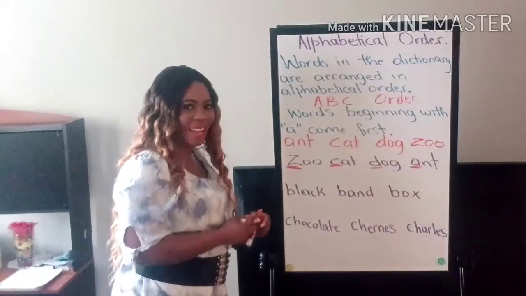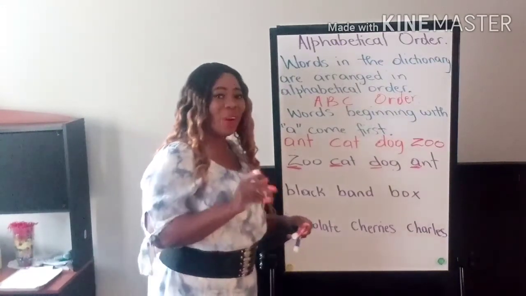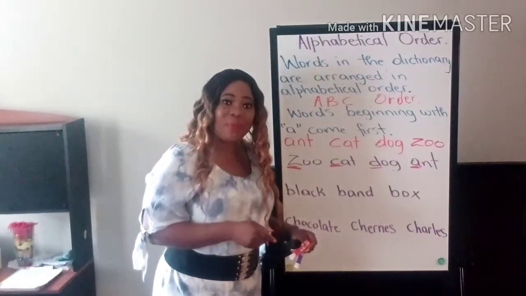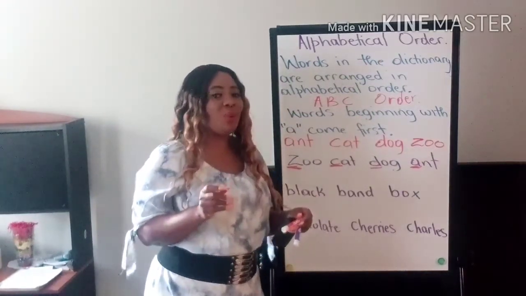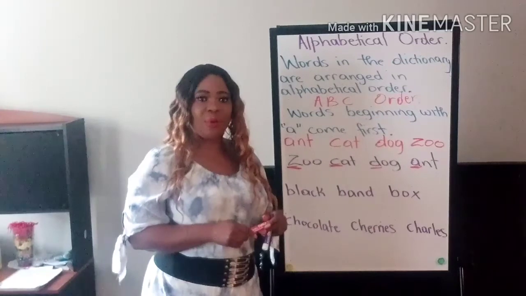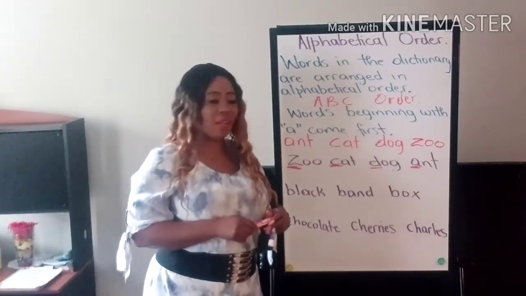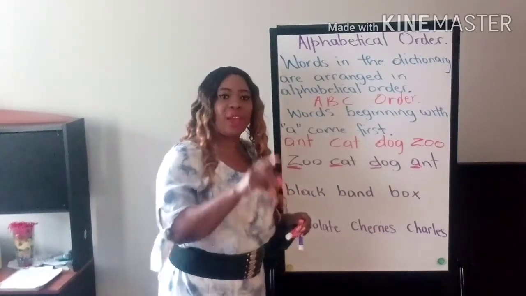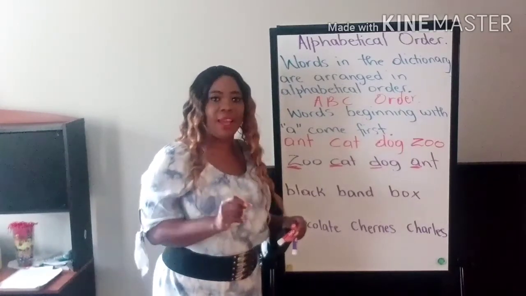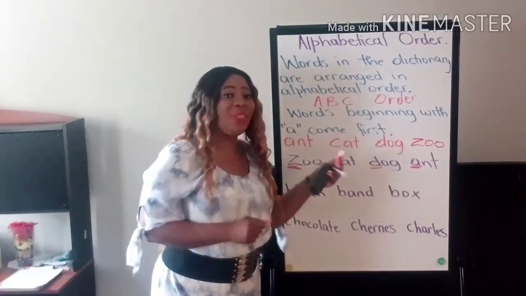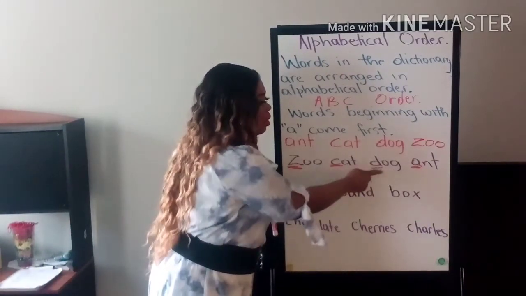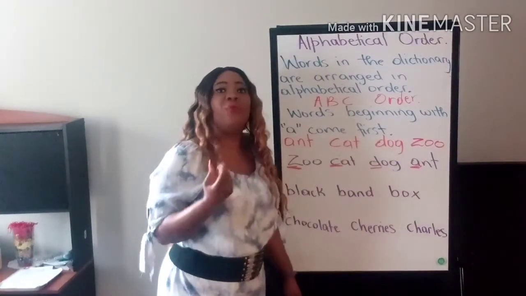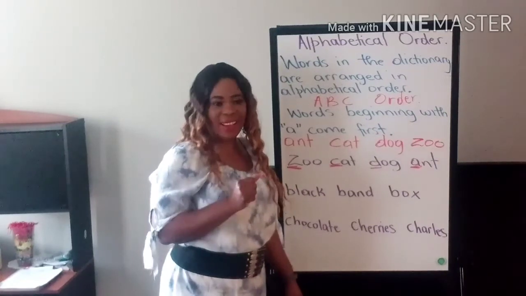That is easy, right? Because all you have to know is the letters of the alphabet and how they are arranged. So a little tip for you is, if you are given words to arrange in alphabetical order, just ensure that you quickly write all the letters of the alphabet, and then you proceed to underline the first letter in each word, and voila, you got it.